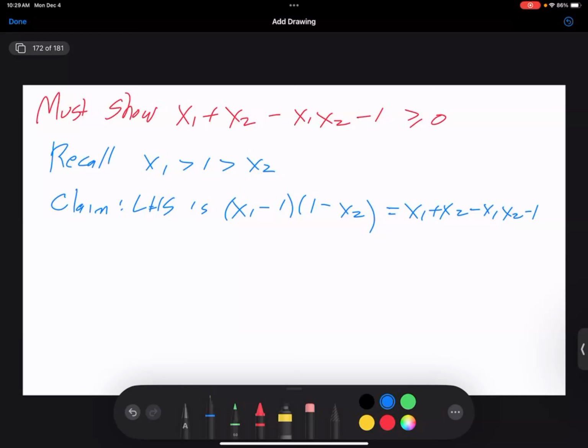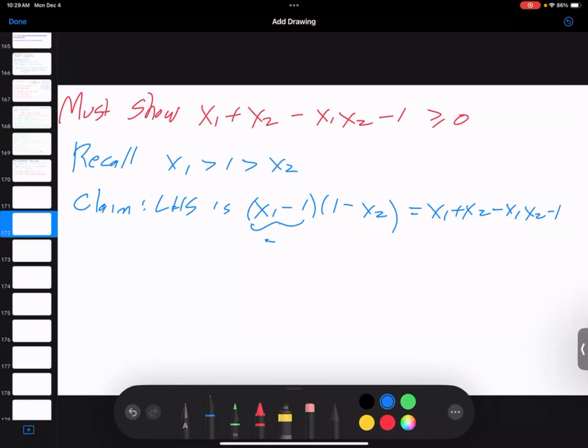What do we know about x1 minus 1? Nope. I mean, x1 could be 55 quadrillion. What do we know about x1 minus 1? Positive. So this has to be greater than 0.